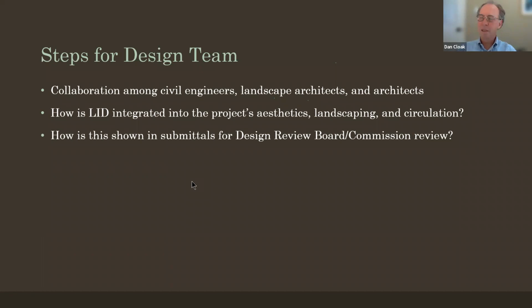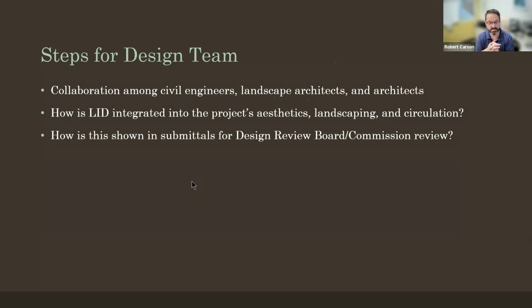So trying to get this idea out, making reference to what we're trying to achieve here, using some of the reasons and justifications that have been discussed today, and trying to get across that idea that this is for quality of the project and for success of the overall effort of implementing LID on a watershed scale over decades. This coordination of the design team is something that really needs to happen.